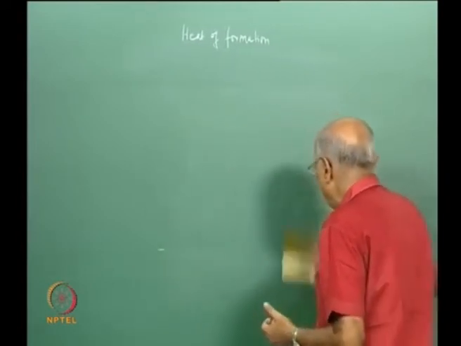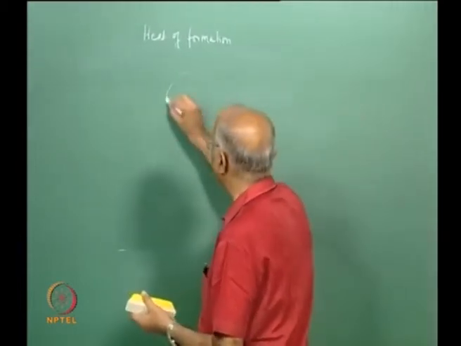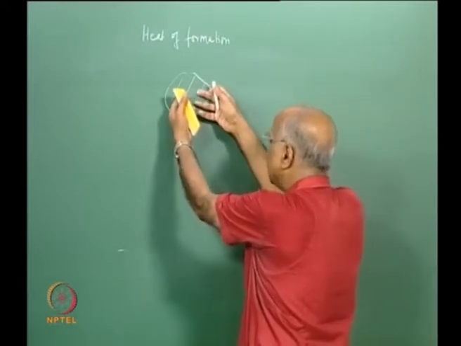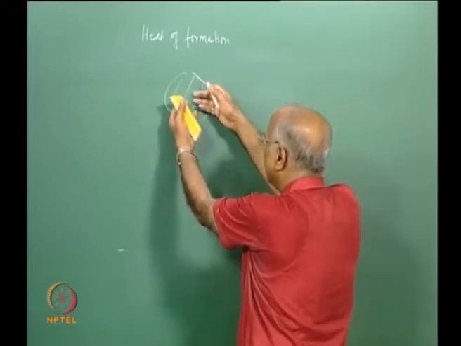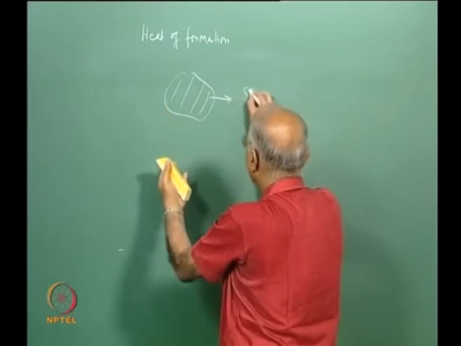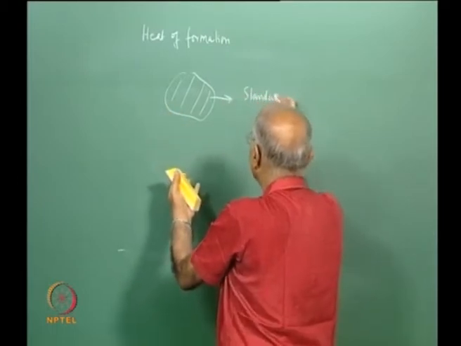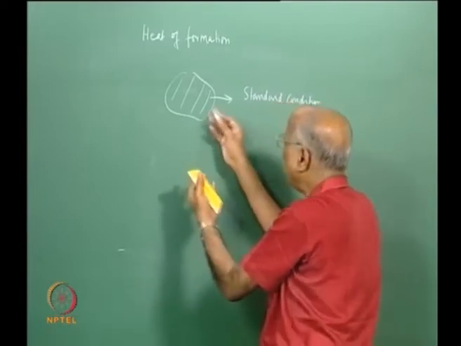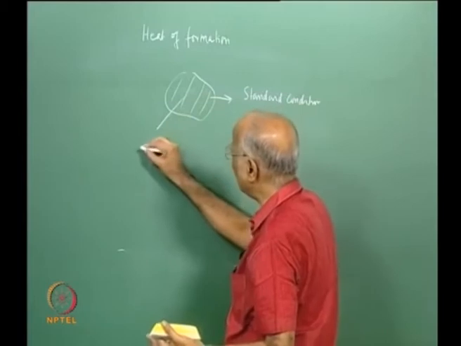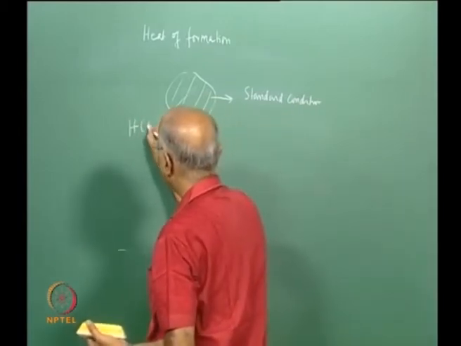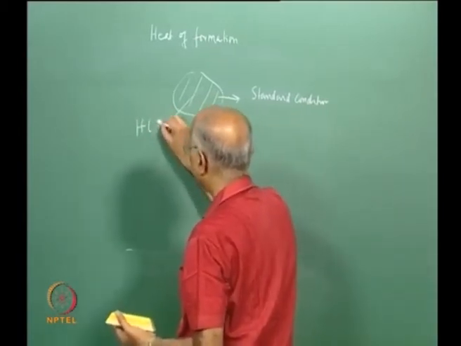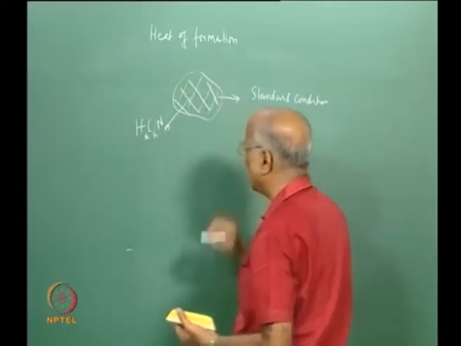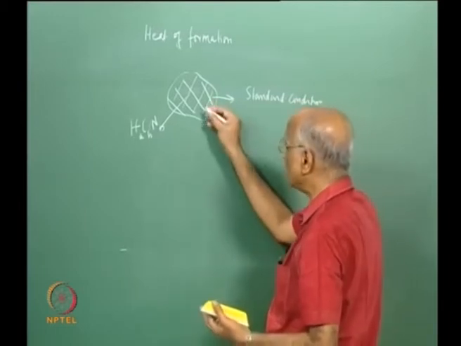We need to be able to describe what is the energy available in a given chemical, and to find this we need some domain, some standards. We say, at a standard condition, what is the energy available with the chemical, and how do I define it? This substance could be, let us say, hydrogen, carbon, nitrogen, some substance like HaCbNc, a solid substance. What are the elements which constitute this?